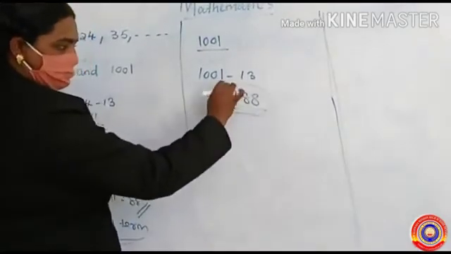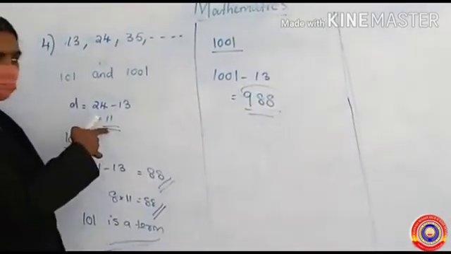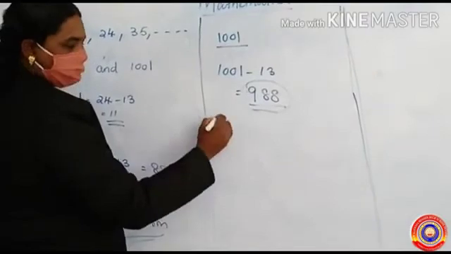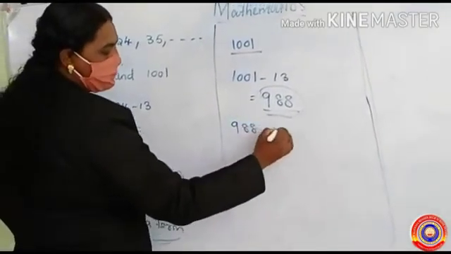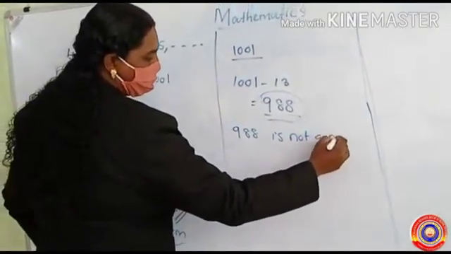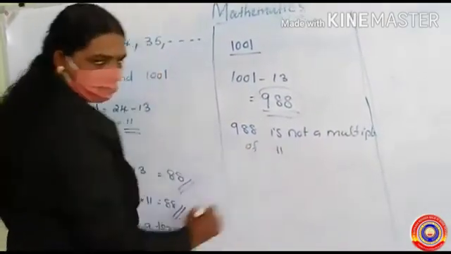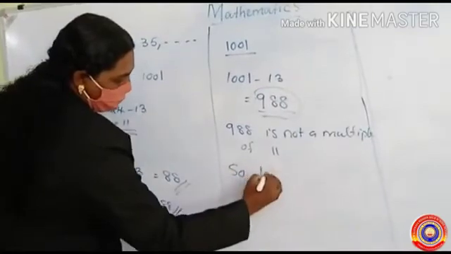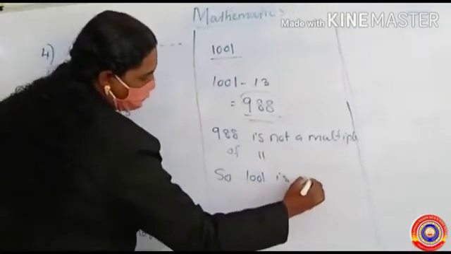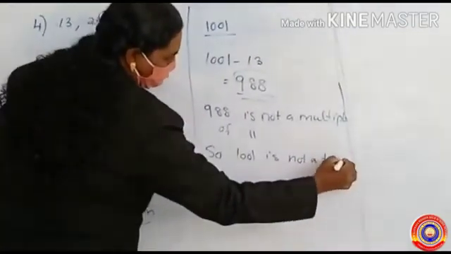Next, we have to check 988 is a multiple of the common difference 11 or not. It is very clear that 988 is not a multiple of 11. So, it is not a term of the given arithmetic sequence.